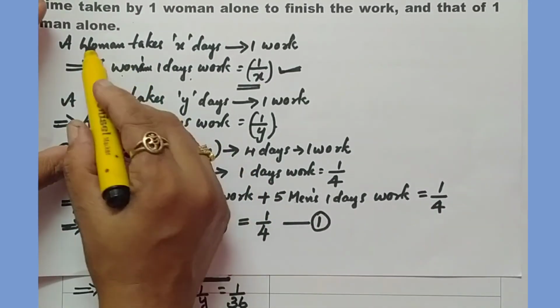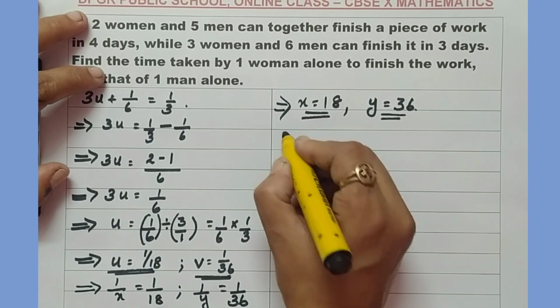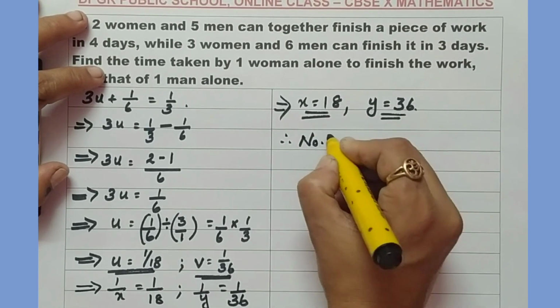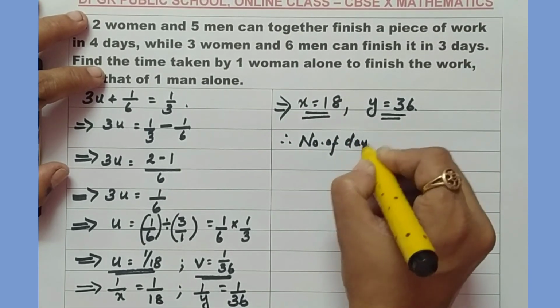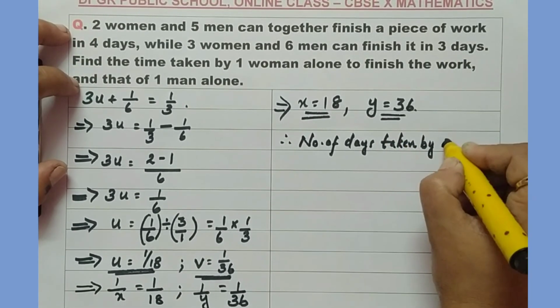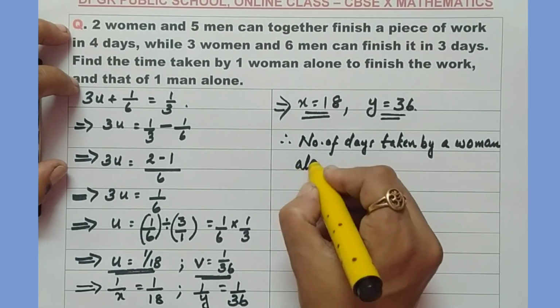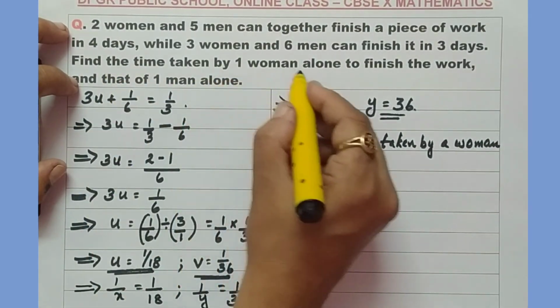But what is x? A woman takes x days. So, the number of days taken by a woman alone. You are asked to find the time taken by one woman alone.